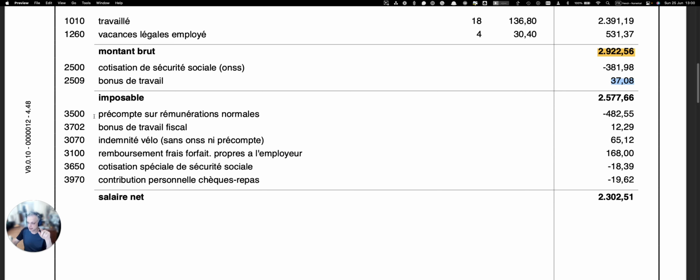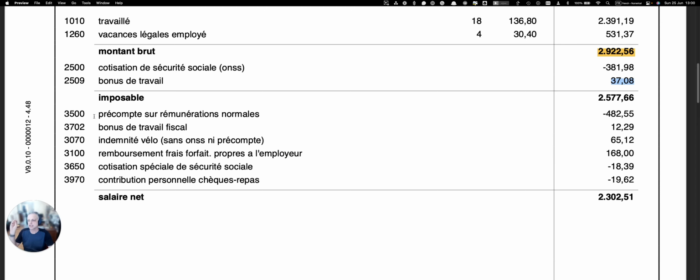So this tax, the income tax, is progressive, meaning the higher your salary is, the higher the percentage of the tax will be. Okay? And there are a lot of things that need to be taken into consideration when it comes to income tax. So it's not like social security contribution, where it's a percentage and it's the same for everyone, whether or not you are paid 1,000, 2,000, 3,000, 4,000, it doesn't matter.